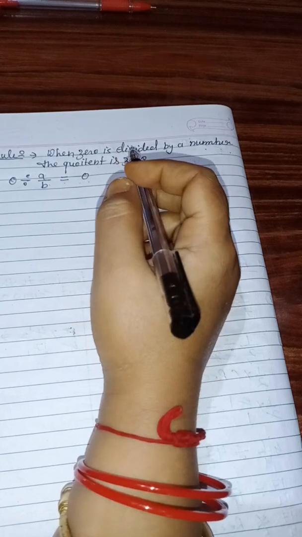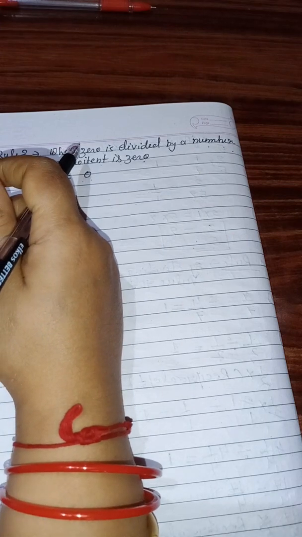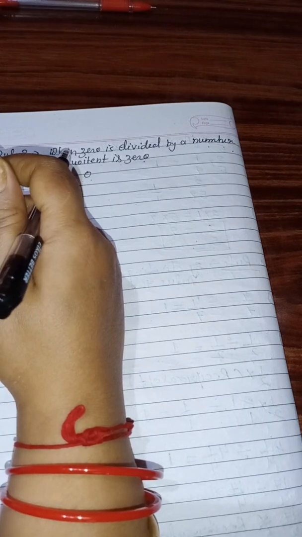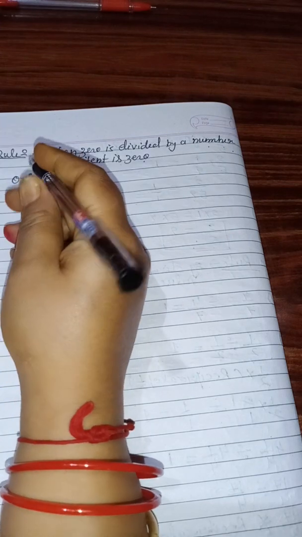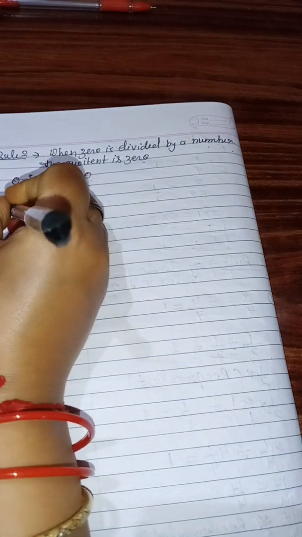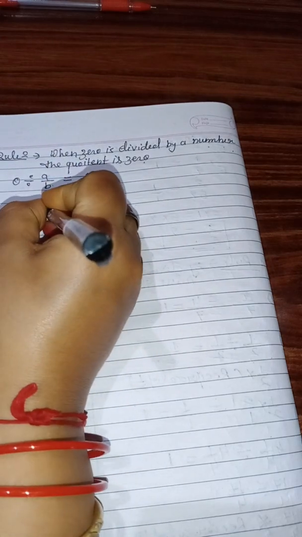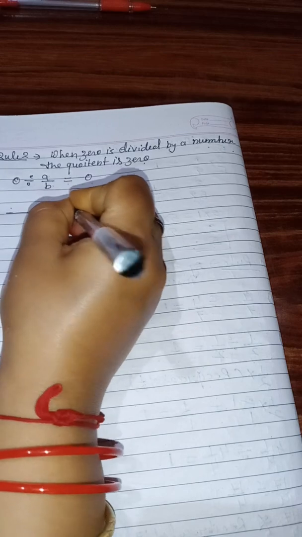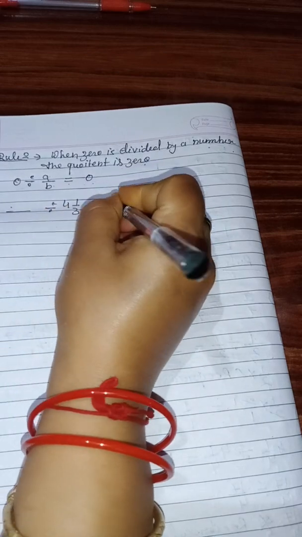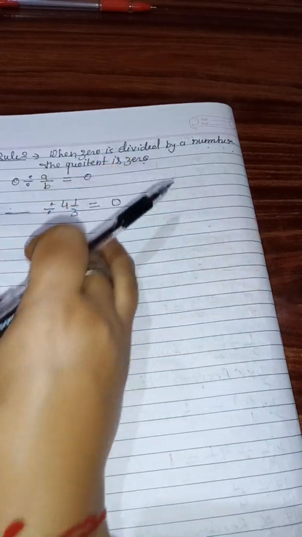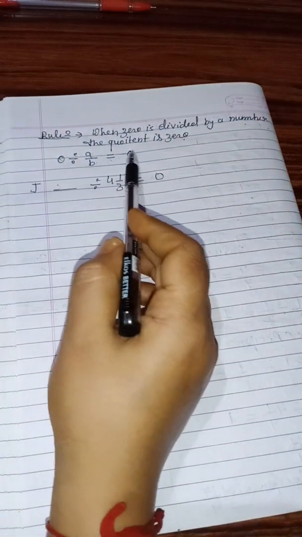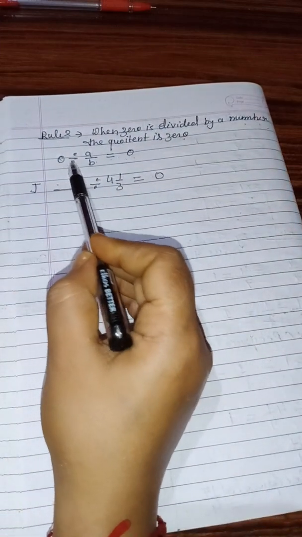You can see that now in your next question, that is J part. What is in J part? Dash divided by 4 1 upon 3 is equal to 0. It means you are getting 0. It means what should be here? Here it should be 0.